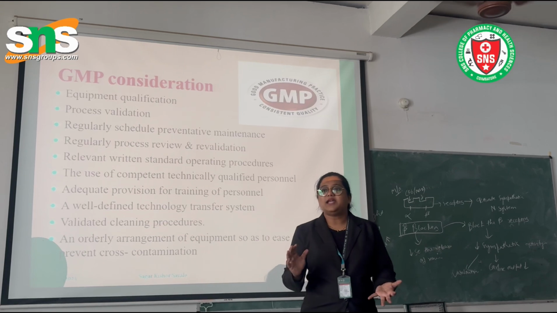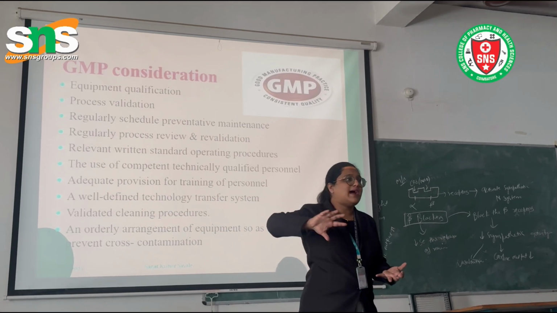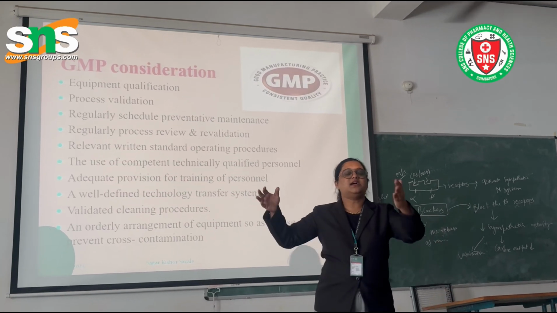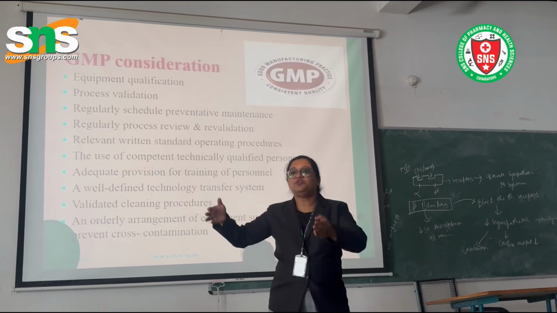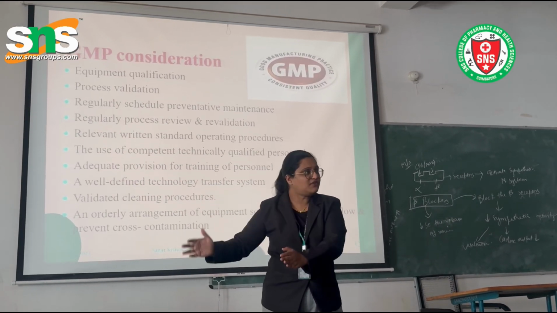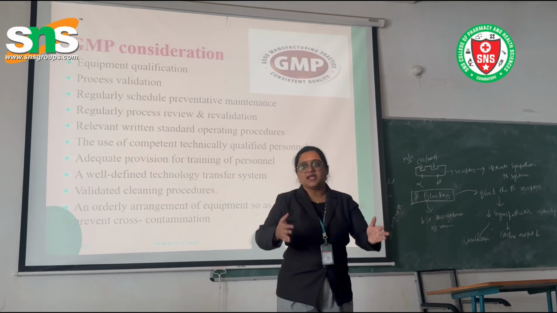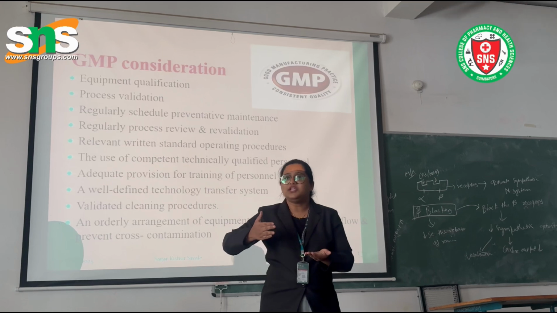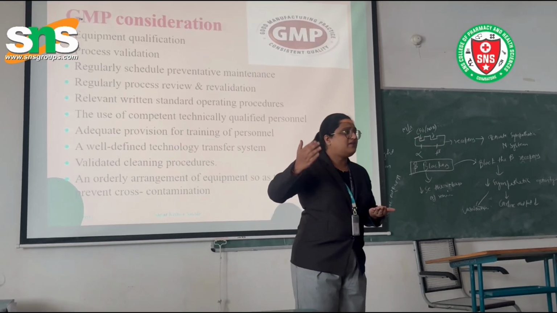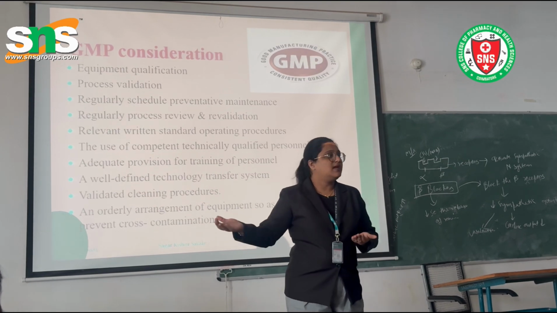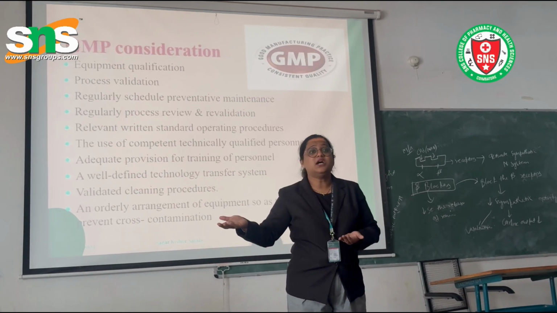For example, the equipment used to prepare tablets must be in one area, and the equipment meant to prepare suspensions in another area. Emulsions, one area. Ointments, one area. Like that, different formulations have different equipment, and those must be arranged in different places in order.